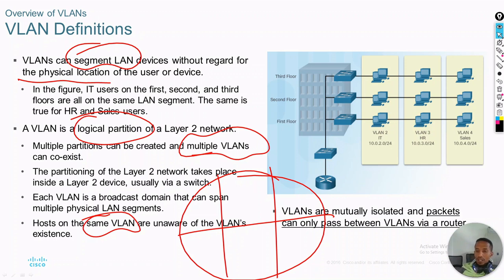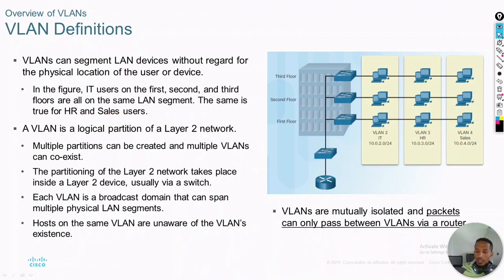If IT members want to communicate with human resource, or if they want to communicate with sales, they need to have what? Routers in between them. So communication between VLANs is usually done through the router, because VLANs are considered different networks. What was the device used to connect different networks?